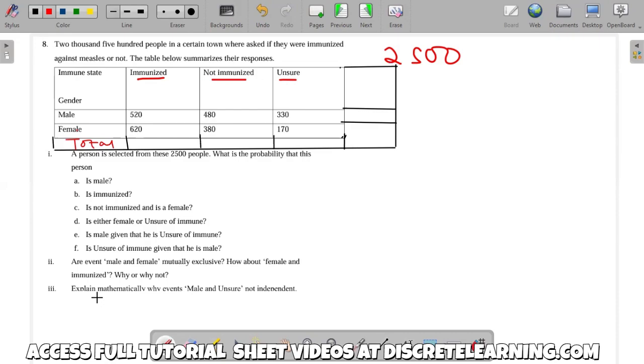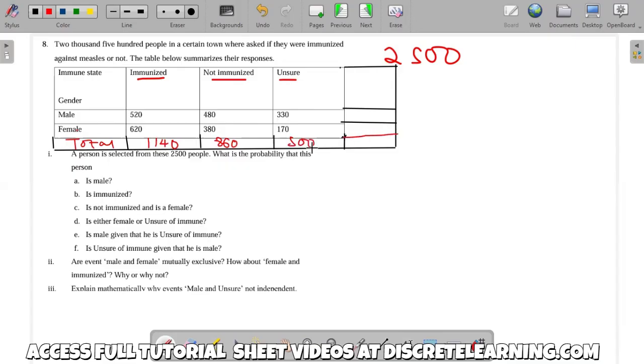So 520 plus 620, I'm going to get 1,140. Here I add 480 plus 380, I'm going to get 860. Then for unsure, 330 plus 170, I'm going to get 500.